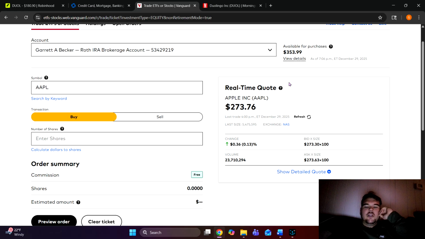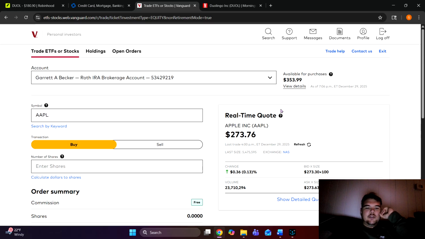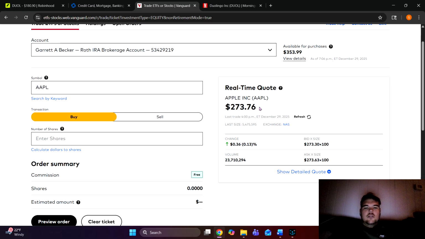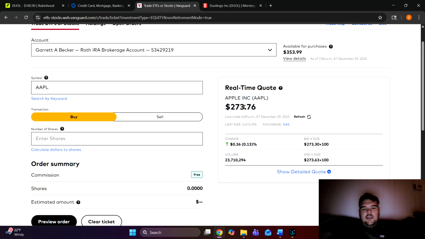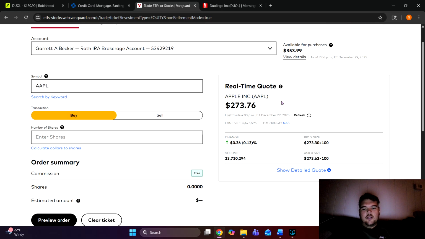So this is a good example because I can explain some things here. Here on Vanguard, we typed in Apple's ticker symbol, and it populates this. This is telling us that Apple stock is at $273.76 per share currently.